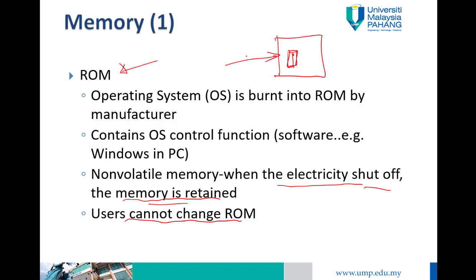So if the external supply is cut off, the memory will remain as long as the battery is still operating. But once the battery is not functioning, the data written in RAM, which we will look at later, will be erased, but the data in the ROM will remain in the memory.